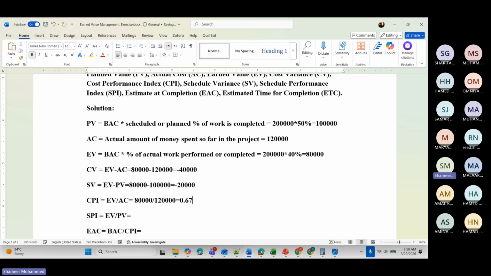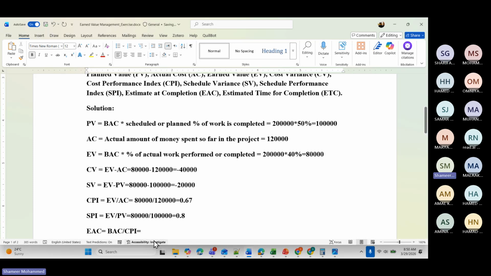Okay. Next is SPI, the performance index based on the schedule. Here you have 80,000 divided by the planned value, 100,000. How much now? 0.8.